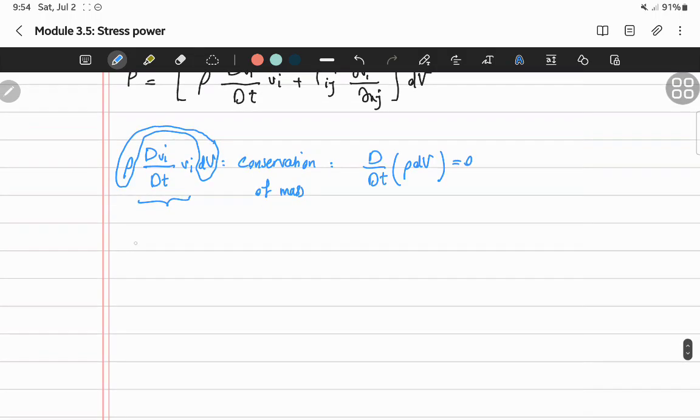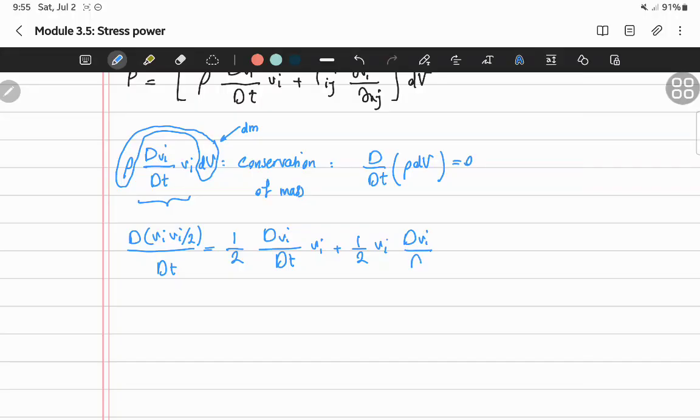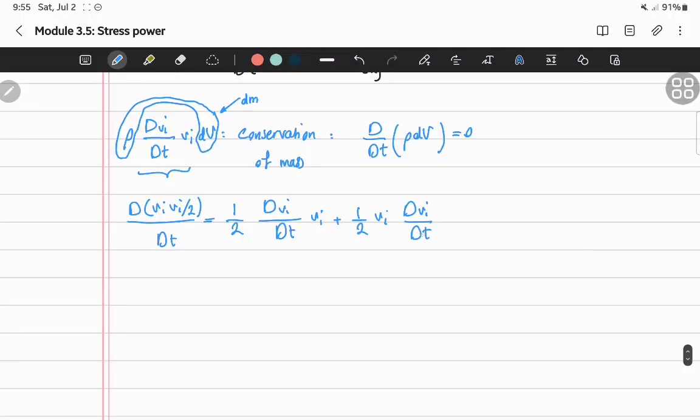If I write vi, this is dm, for example, and if I take this derivative, then I have half of dvi dt vi plus half of vi dvi dt, which is equal to vi dvi dt.